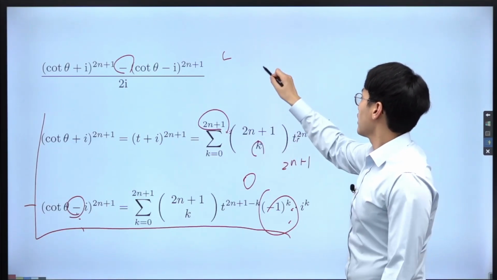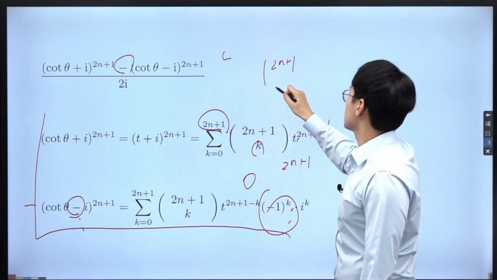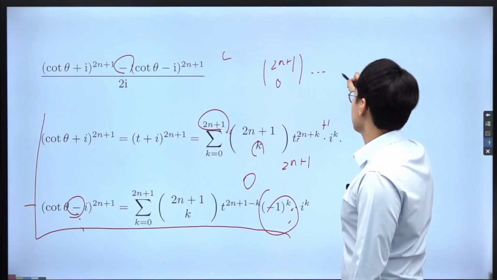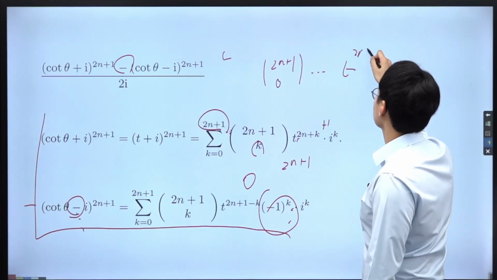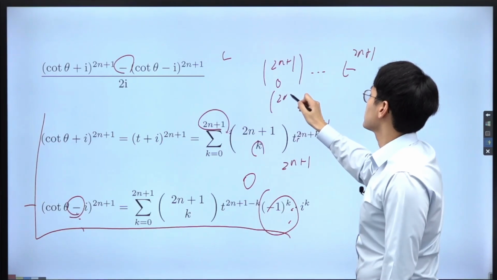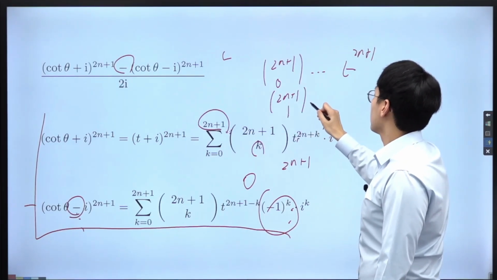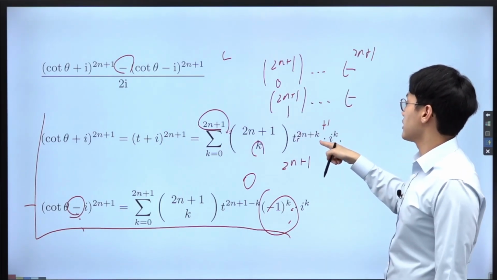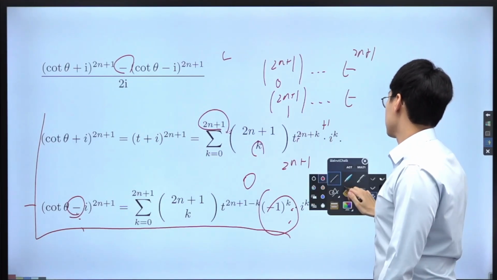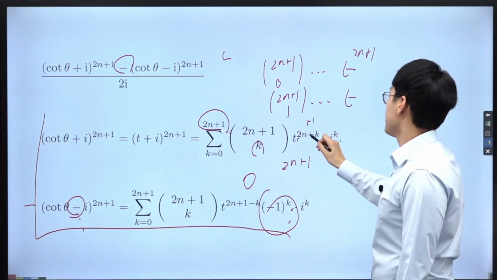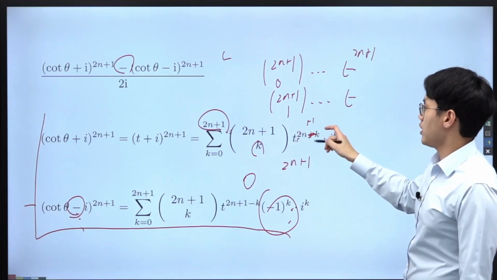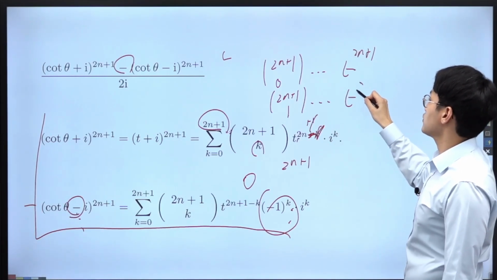So for 2n plus 1 choose 0, that's going to associate with t to the power of 2n plus 1. But if I go with 2n plus 1 choose 1, I'm going to associate with t to the power of, now I subtract, it was 2n plus 1 minus k. So if I put k equal to 1, that's going to cancel out. It's going to associate with 2n, you see?